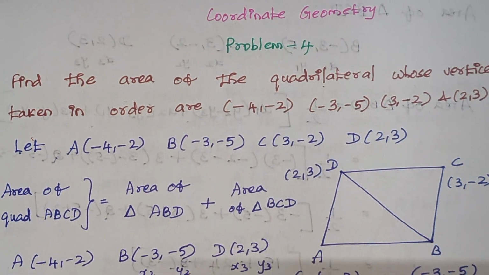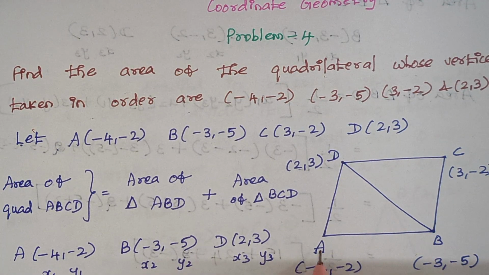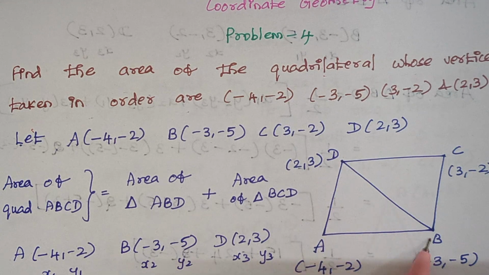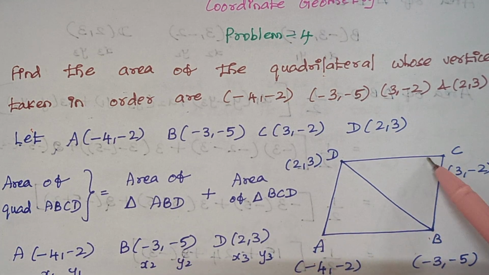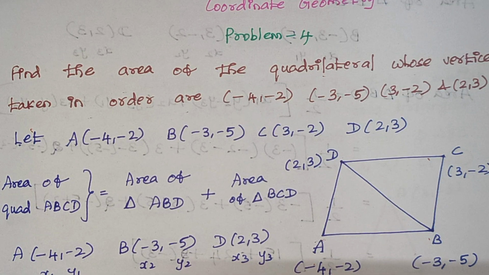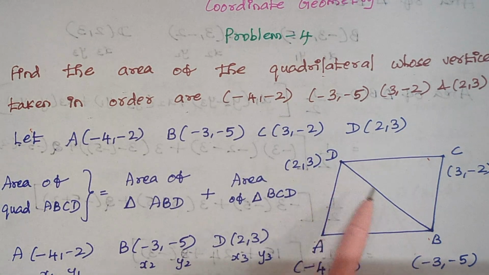So in this case, ABCD is a quadrilateral and BD is the diagonal. It's up to you, even you can take AC as the diagonal. In the previous example problem, I had taken AC as the diagonal and split it into two triangles, right? So here I am taking BD as the diagonal.